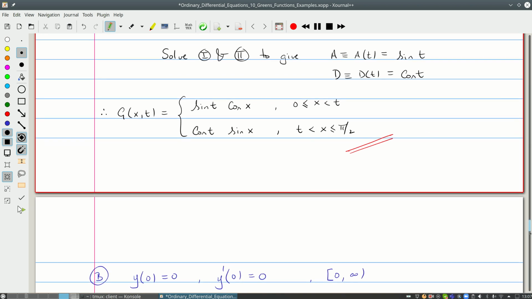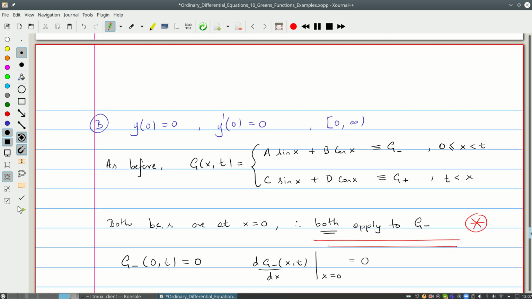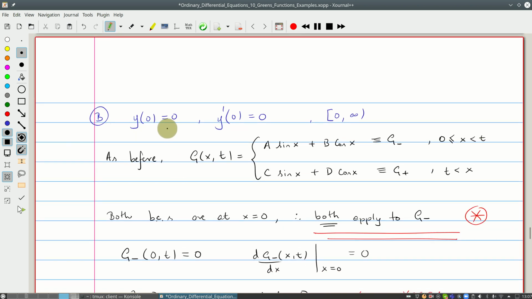But let's instead go on to the next boundary condition, the B case, where we have the initial value conditions that y of 0 is 0 and y prime of 0 is 0. And now we are solving in the range 0 to infinity. So as before, because we have the same homogeneous equation as before, the Green's function is in this form.